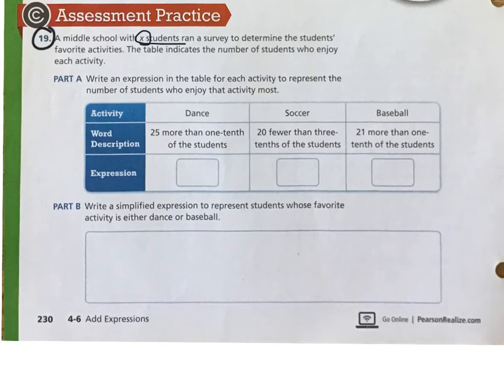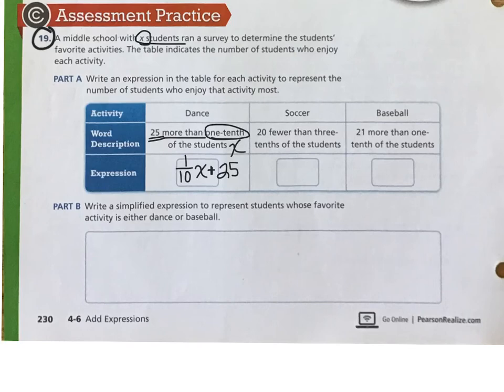The word description for dance says 25 more than 1/10 of the students, and the students, remember, are X. So 1/10 of the students means the fraction 1/10 times the number of students. Then I need 25 more than that. So more than indicates I'm going to be adding.